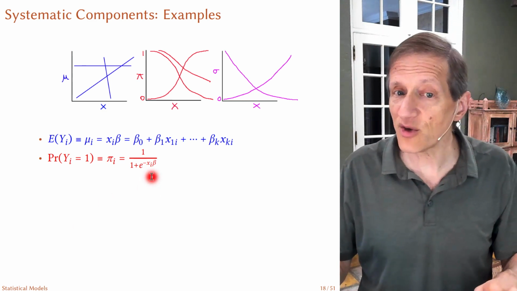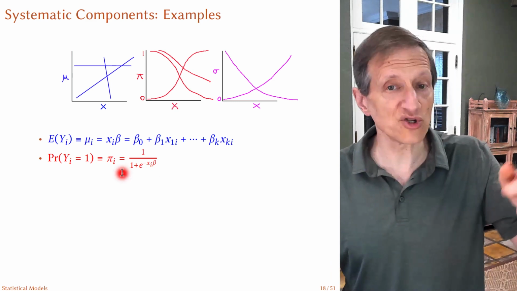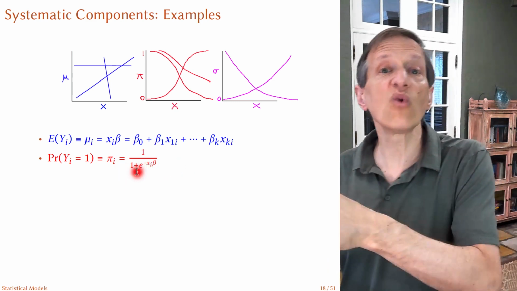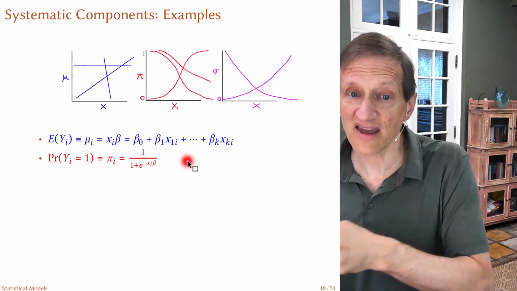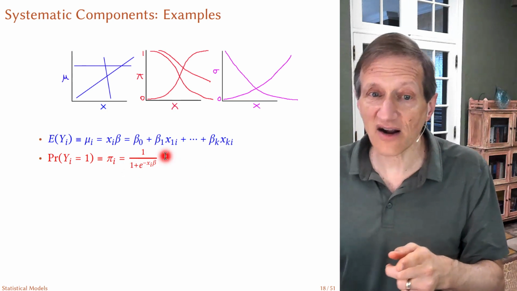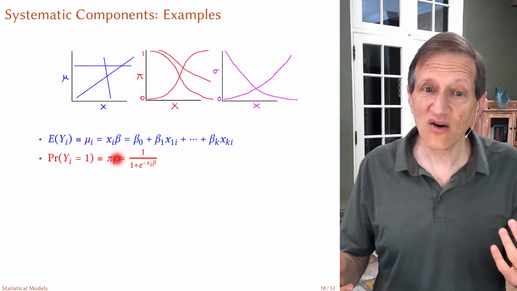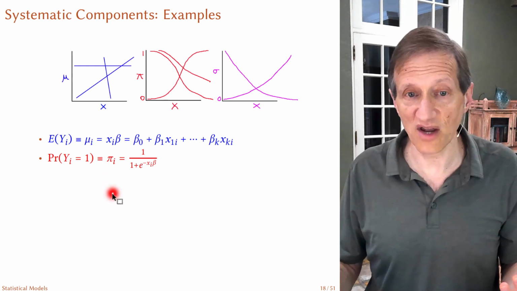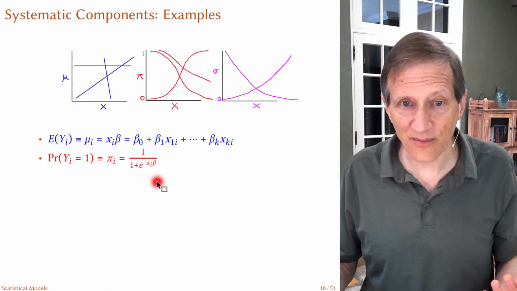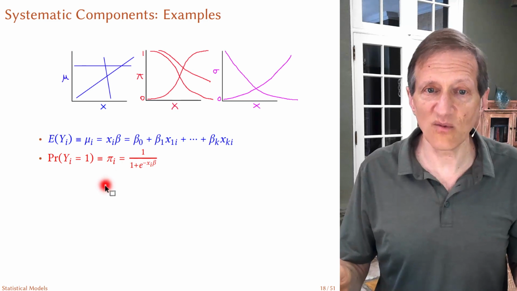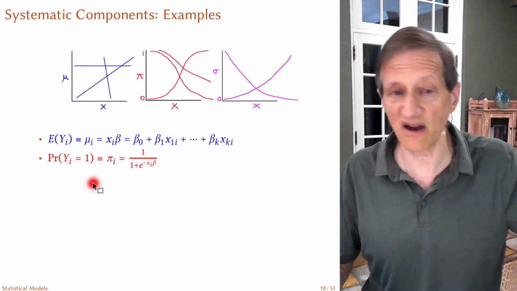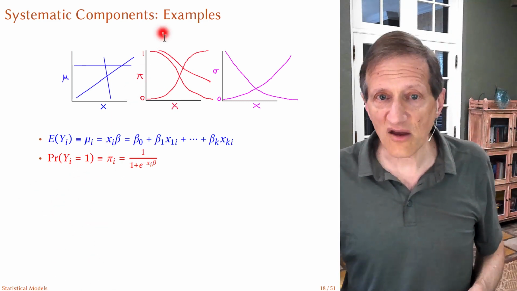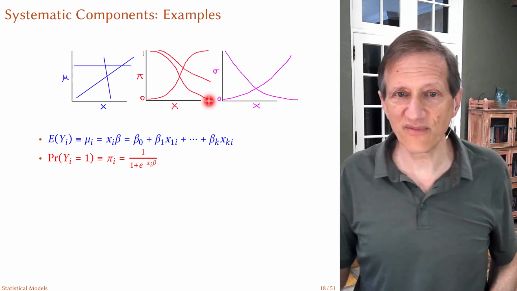No matter what numbers you put in for x, and no matter what beta gets to be estimated at, if you stick it in there, the pi will always be between 0 and 1. Okay. In fact, if these are finite numbers, they will always be between 0 and 1, exclusive of the endpoints. A way to see it is the color-coded graph up here.